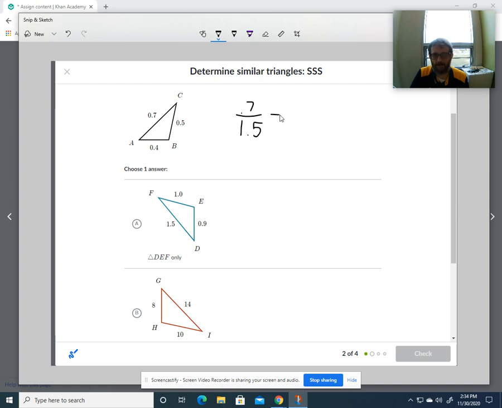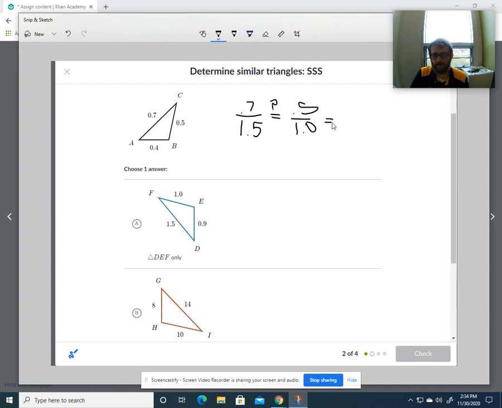How does that compare, question mark, to the middle side, 0.5? Oops, that was horrible. Divided by the middle side here, which would be 1.0.